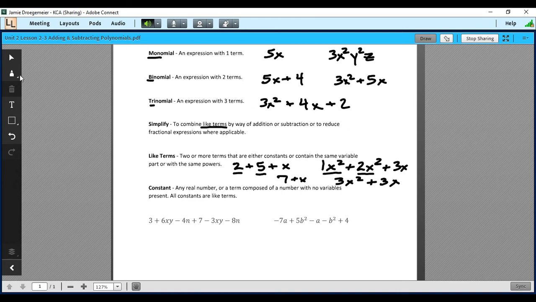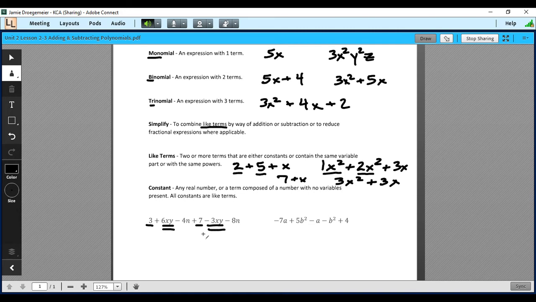Let's look at how we would simplify these two expressions. In my first one, what I like to do is use some underlines to help me identify like terms. I have a constant 3 here, and the only other constant that I see is 7, so those are like terms. This term, 6xy, has x and y as the variables, and I have another term here that has an x and a y.